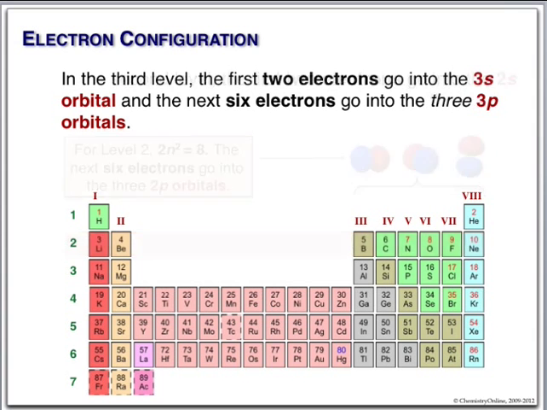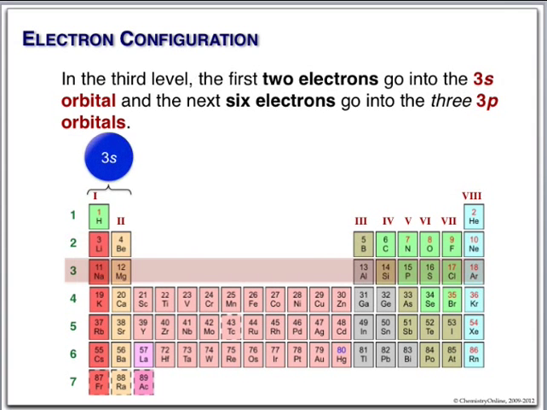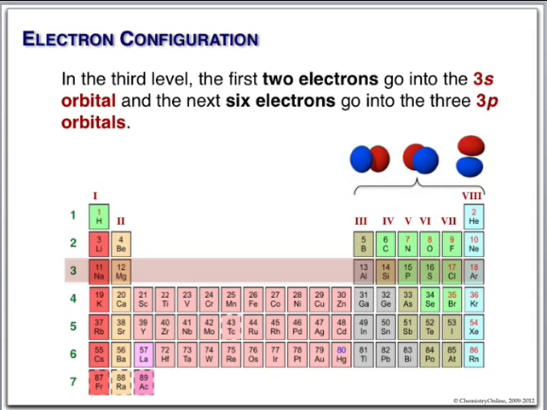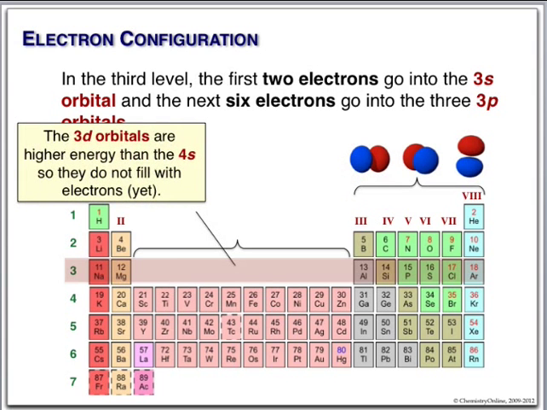Our third period is going to look a lot like the second did. Going to put them in the 3s. Then we're going to put them over here in the 3p's. Now, you know, this actually should be able to hold 18 electrons. But the way things are, electrons don't go into 3D until we get down in the 4th period.